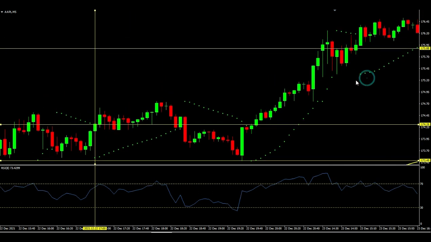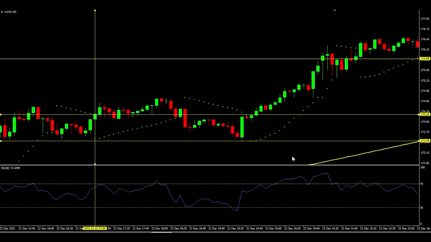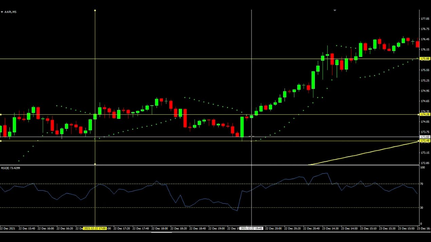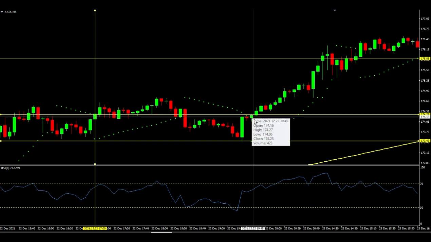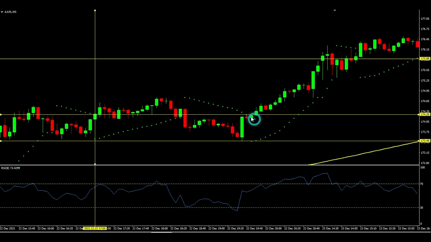Then you're going to wait for the next signal. The next signal you get is on this candle here. You place your line here and go below, and you will see that the RSI is pointing up, is going up.